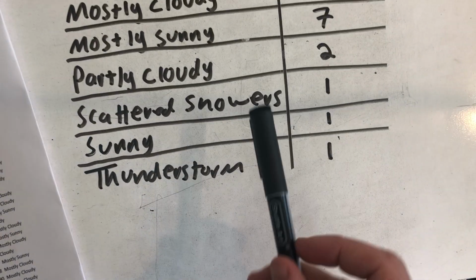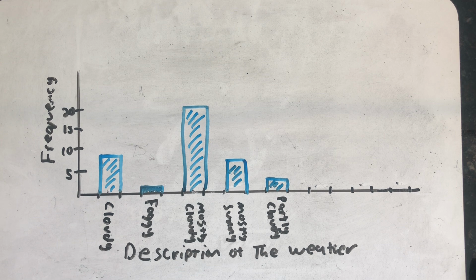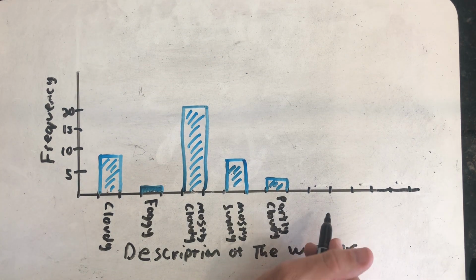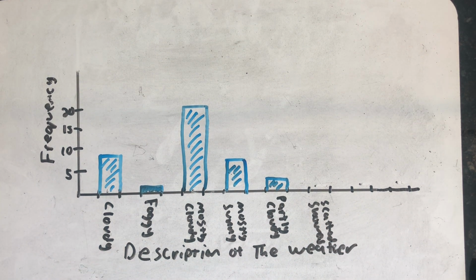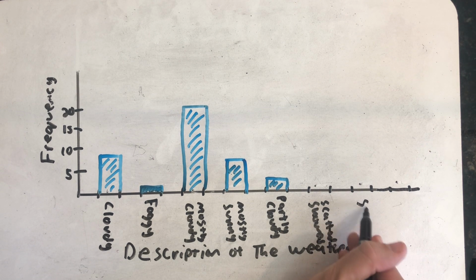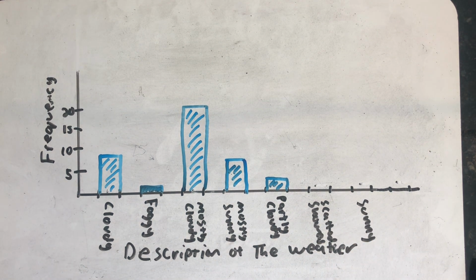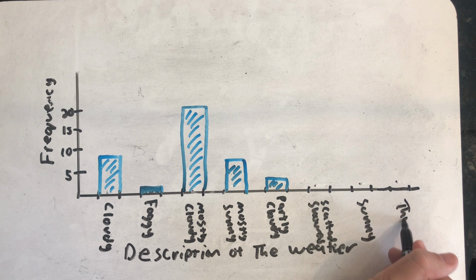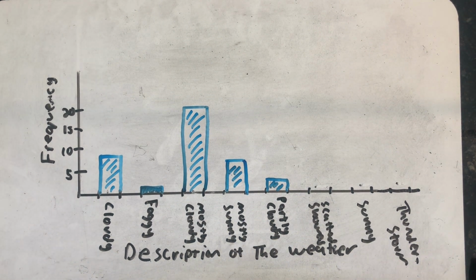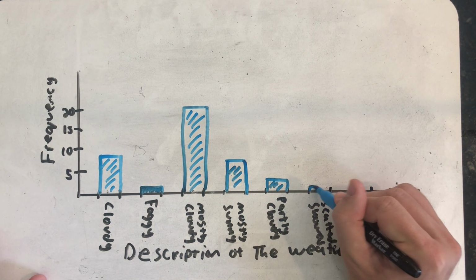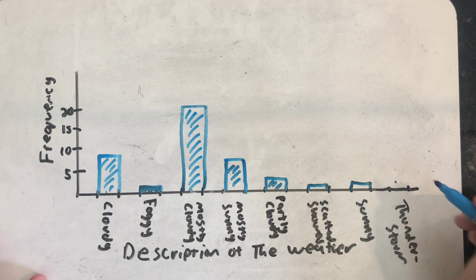There was one day with scattered showers, one sunny day, and one day with a thunderstorm. Scattered showers, a sunny day, and then one with a thunderstorm. Each bar being 1 unit tall.